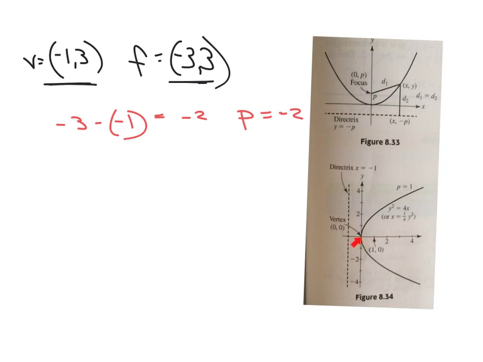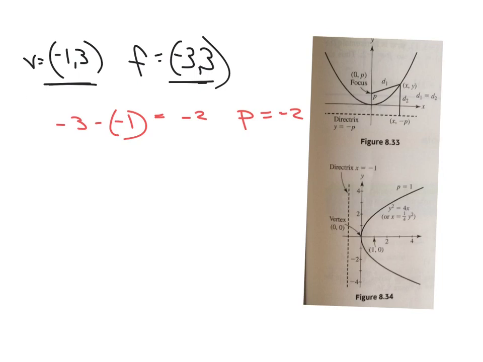So I'm interested in the x values here. So I take -3 minus -1. That's going to be the distance between the vertex and the focus on a horizontal. If I was this way, I take the distance between the y values, but notice the distance between those is 0, so obviously that's not going to work. The distance is never 0, so that's how I know it's going to be a horizontal. So I take the difference between x's, so I find P is -2.